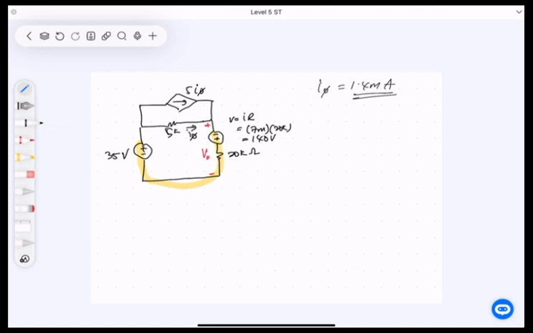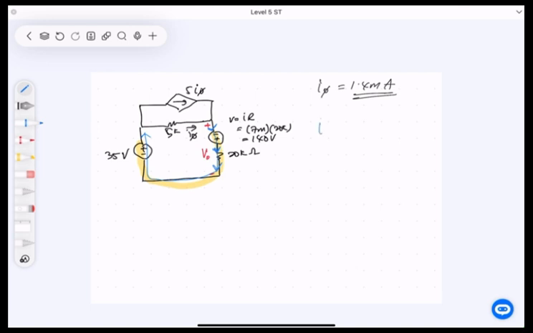What is next is basically we can calculate our V0. How? By getting our I5, we can get the current in blue, the current in this path over here. What is the value?